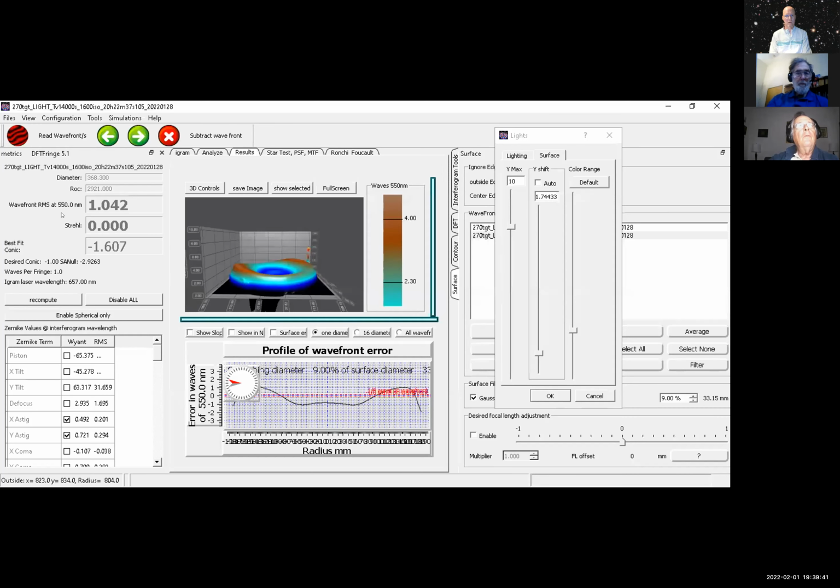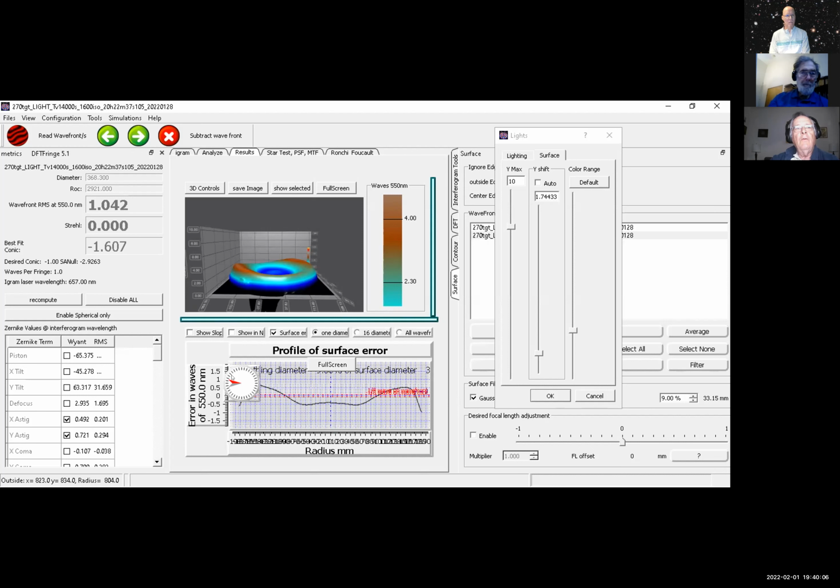Okay, so let's do a screen here. So it's saying that my wavefront RMS is 1. It's a bad mirror. It doesn't even have a Strehl ratio. So if I go over here to this point right here, the profile, and let's see here, not nanometers, surface area.